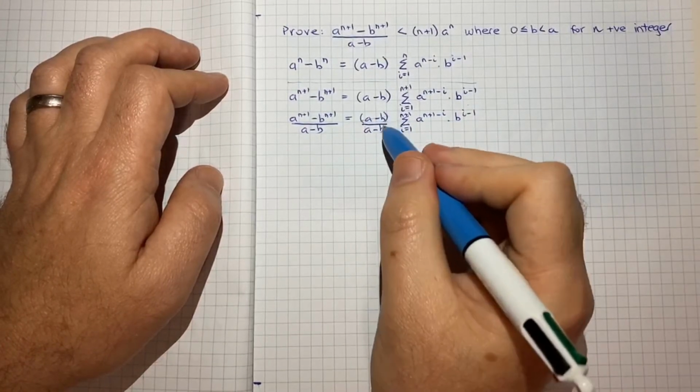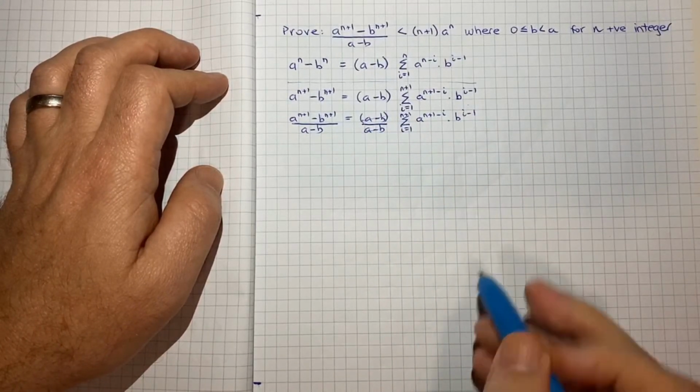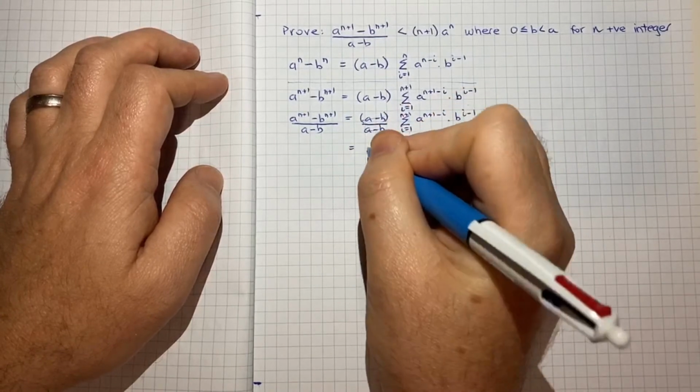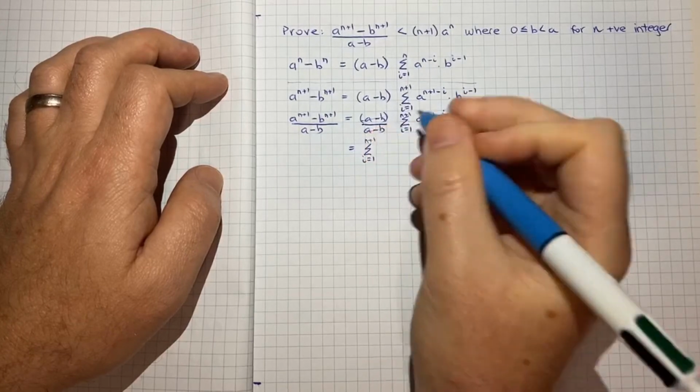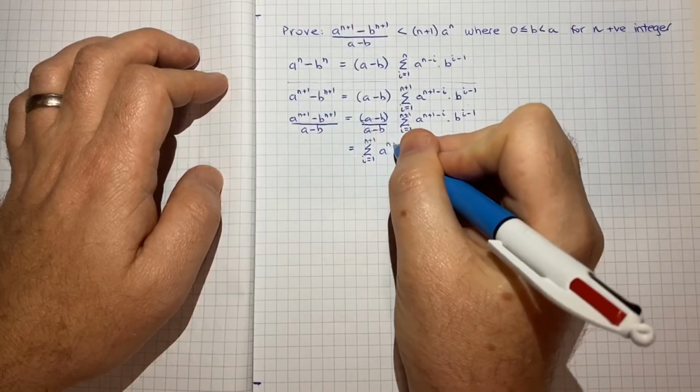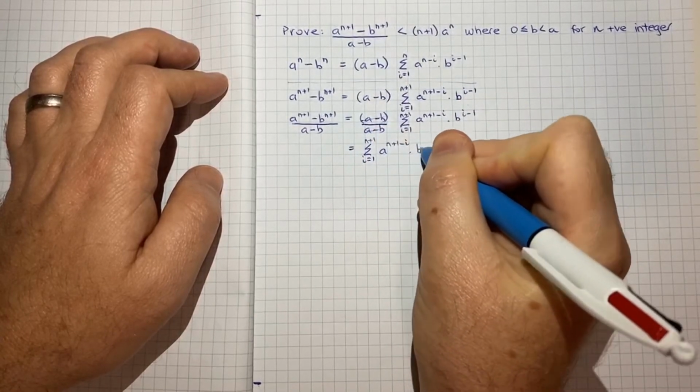And right away we see that these cancel out, so really what we're dealing with is simply the sum from i = 1 to n+1 of a^(n+1−i) times b^(i−1).